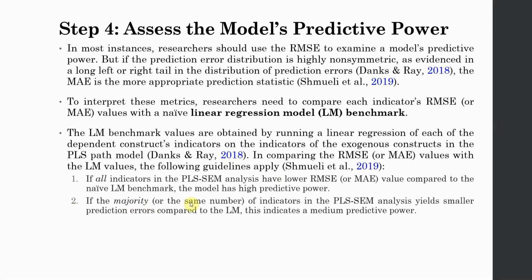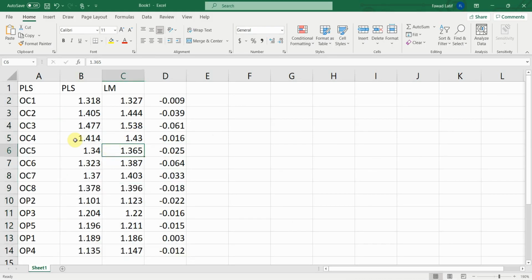If the majority or the same number of indicators in the PLS SEM analysis yields a smaller prediction error, and yes, in this case, the PLS SEM has got smaller prediction error in comparison to the linear model, this indicates a medium predictive power. But in this case, it's not the equal number. Majority, even let's say 95 or 96% of the indicators have got low prediction errors. So we can say our model has got high predictive power. And this is how you can use PLS Predict in SmartPLS to assess the predictive power of your model.